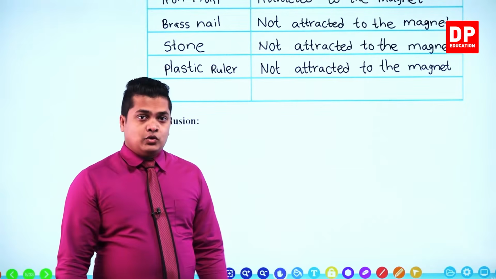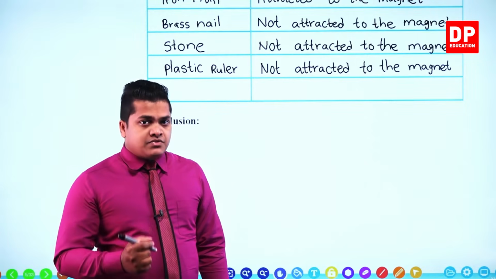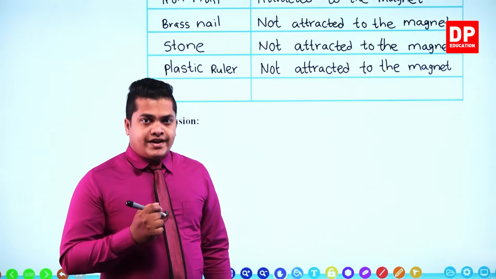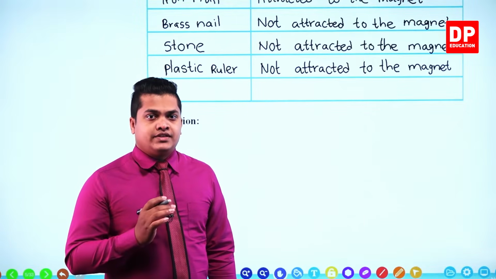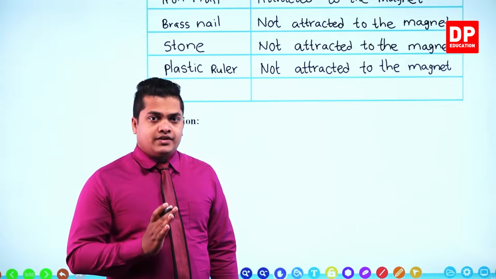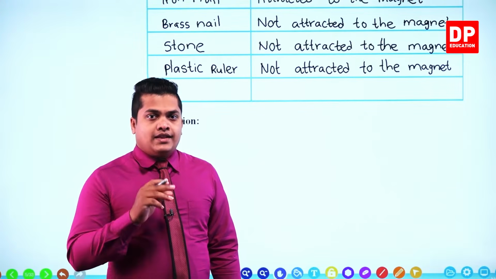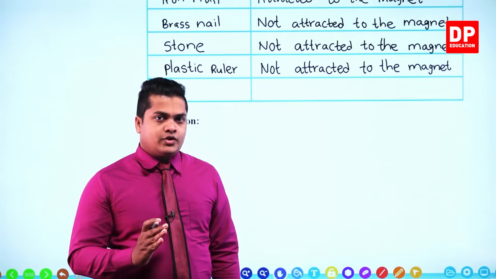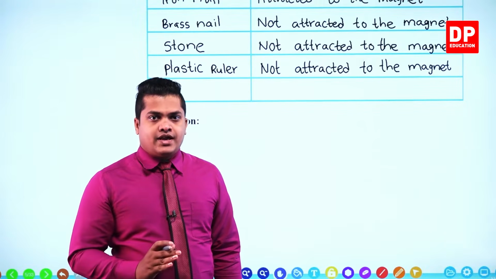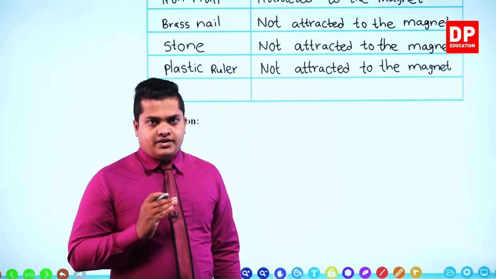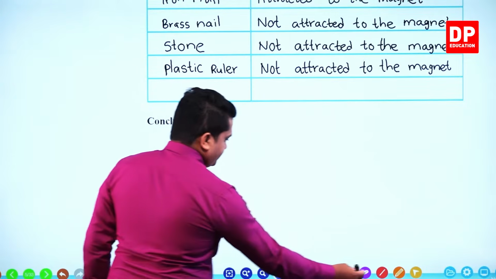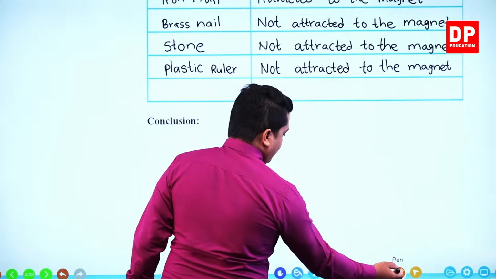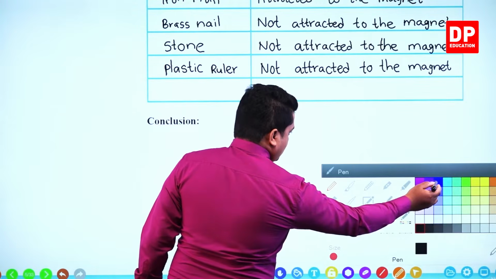Our final conclusion is, there are some materials which get attracted to the magnet. These are referred to as magnetic materials. And there are some materials which are not attracted to the magnet. These are referred to as non-magnetic materials. So we'll write our final conclusion.